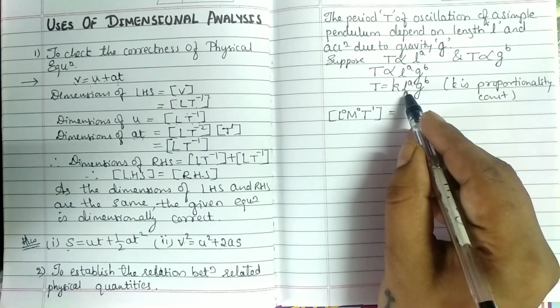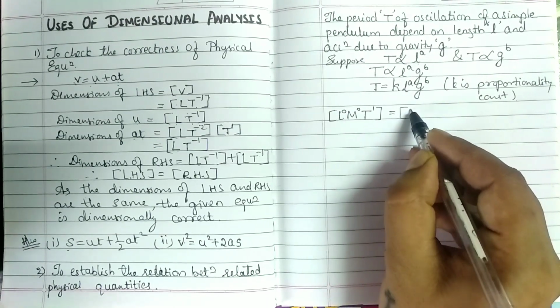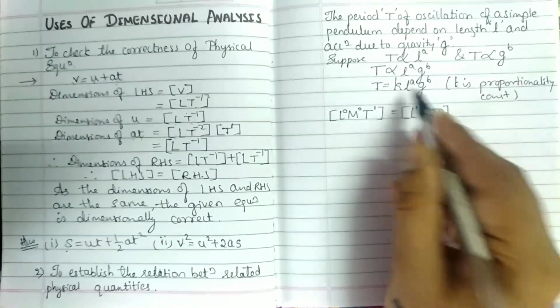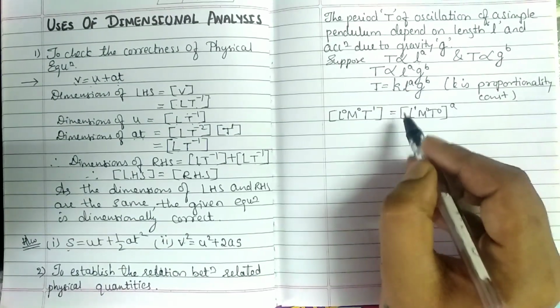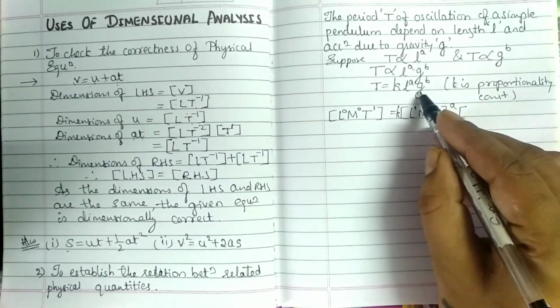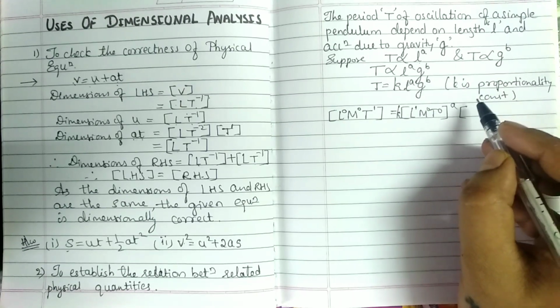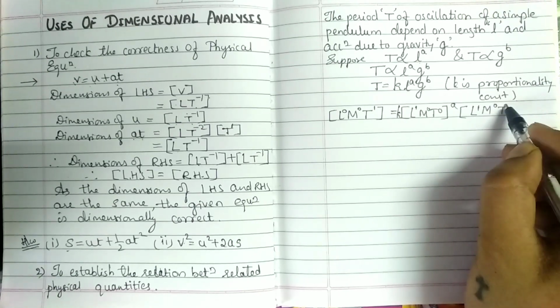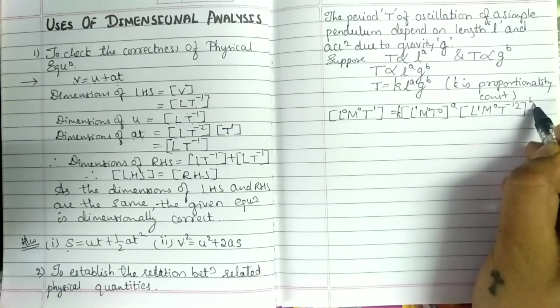Length can be taken as L1 M0 T0, raised to A. Then g is acceleration due to gravity, so we take the dimensions of acceleration, L1 M0 T raised to minus 2, raised to B.